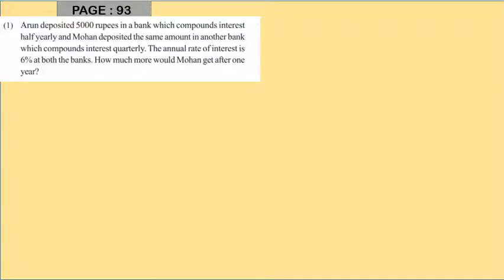Now let us do questions from page number 93. Question is, Arun deposited 5,000 rupees in a bank which compounds interest half yearly, and Mohan deposited the same amount in another bank which compounds interest quarterly. The annual rate of interest is 6% at both the banks. How much more would Mohan get after 1 year?